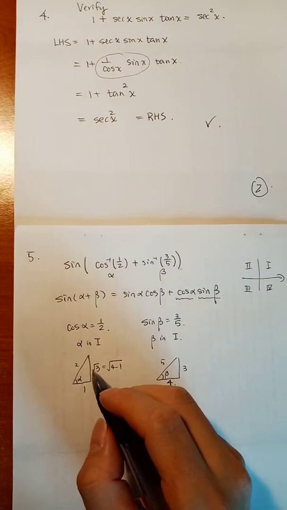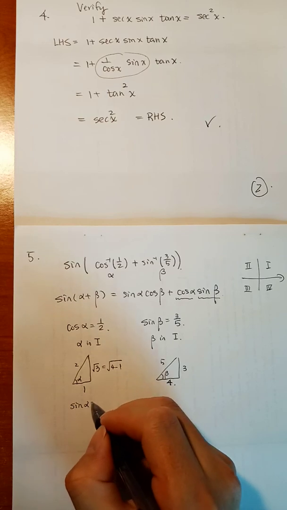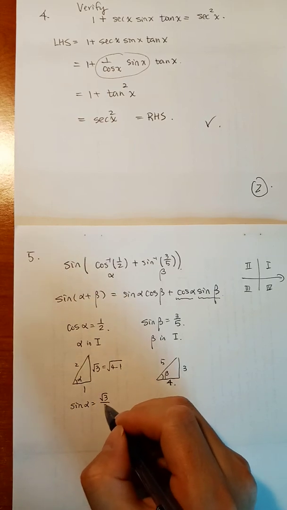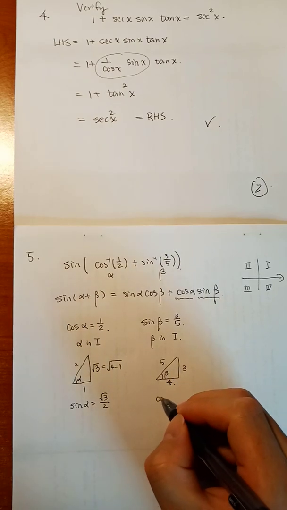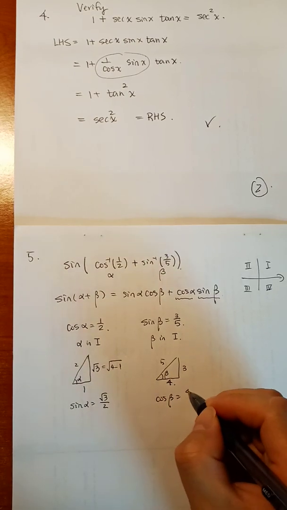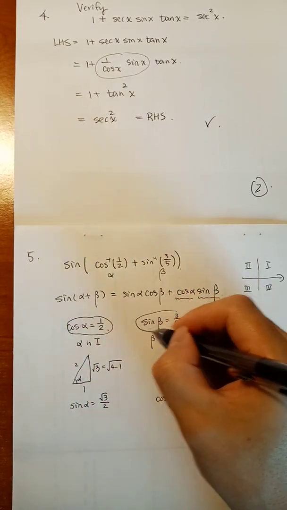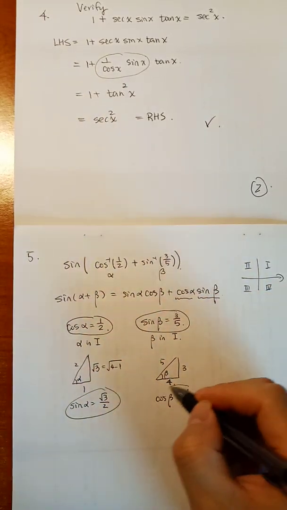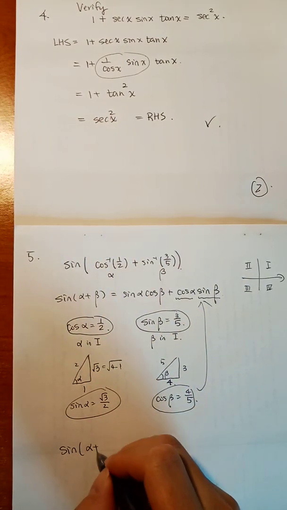So cosine alpha is 1/2, sine alpha is square root of 3 over 2. Here, sine beta is 3 over 5, cosine beta is 4 over 5. You plug in here, and so you get sine of alpha plus beta.